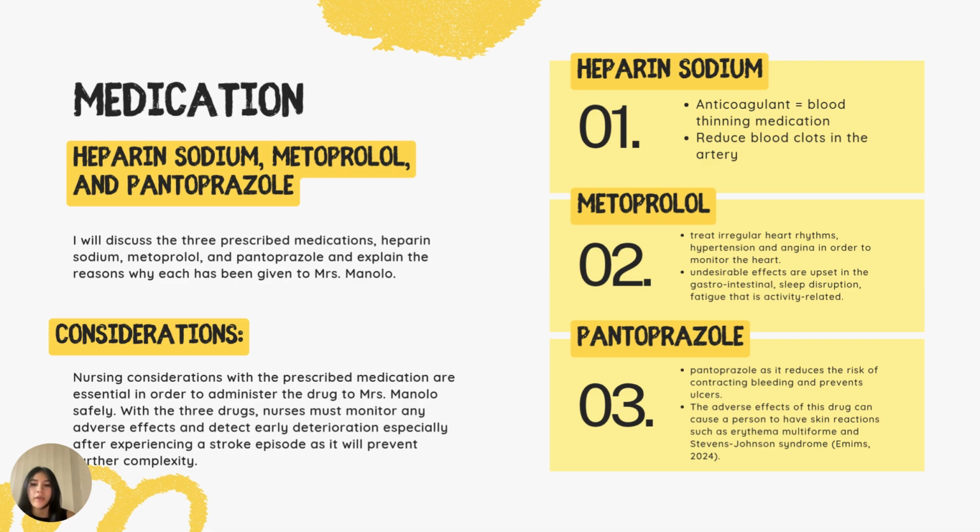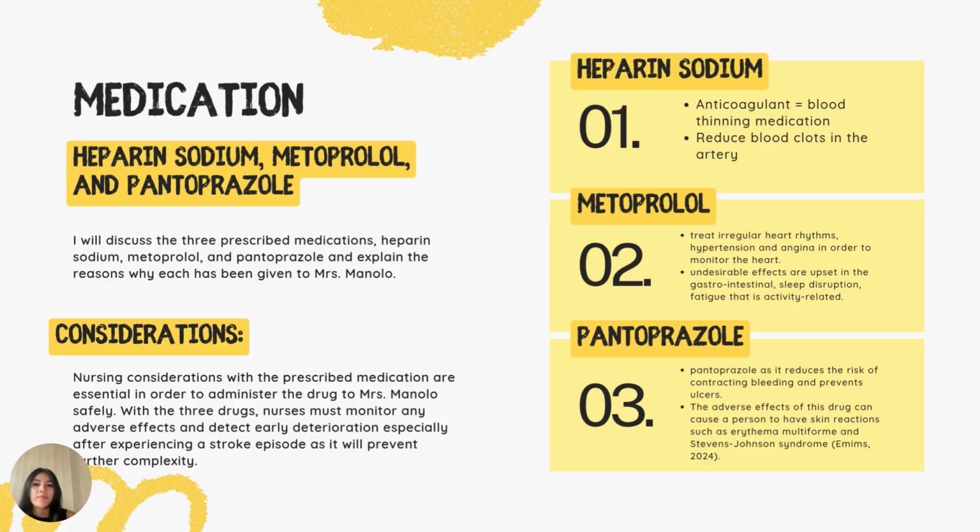Turning to question 3, where I will be discussing the three medications which are heparin sodium, metoprolol, and pantoprazole, along with the reason why these medications are prescribed to Mrs. Manalo.